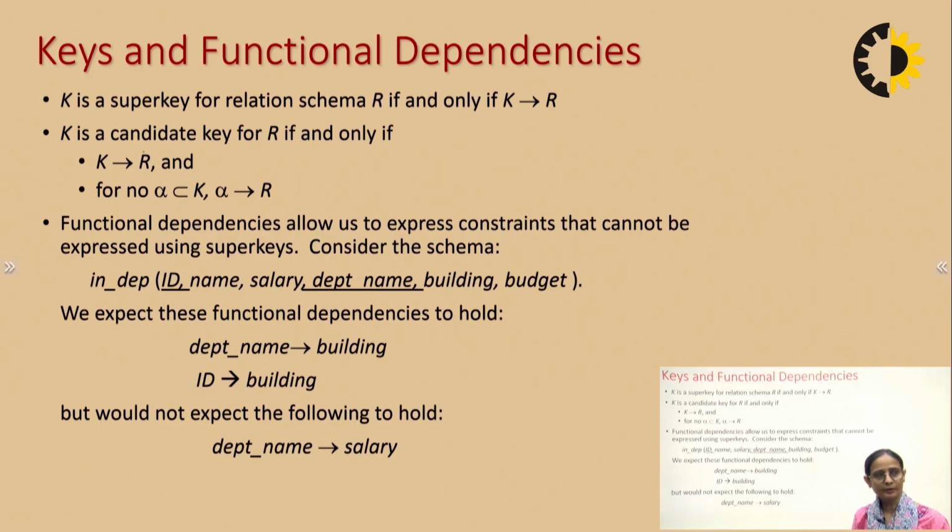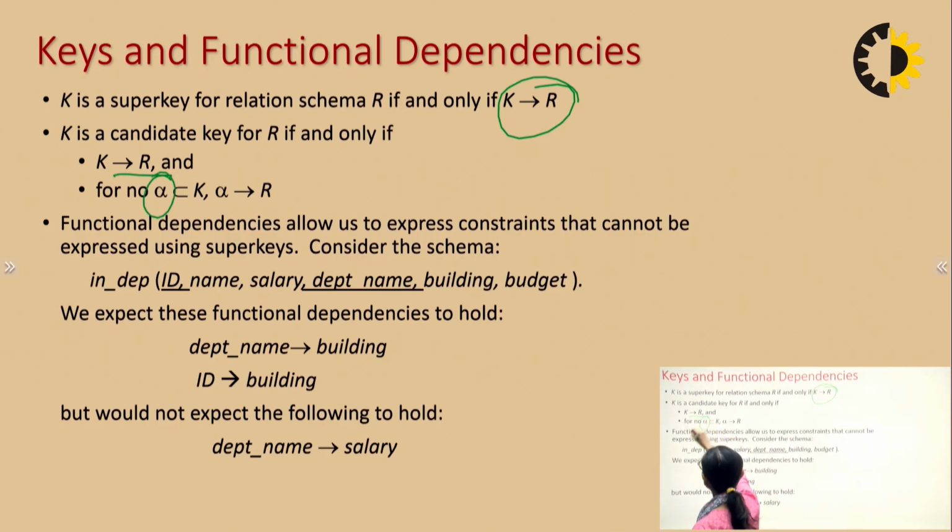Keys and functional dependencies. K is a super key for a relation schema R if and only if such an FD exists in my system, that is K implies R, where R is all the attributes. K is a candidate key for R if and only if K implies R, but no attribute of K can independently imply R. What does it mean?